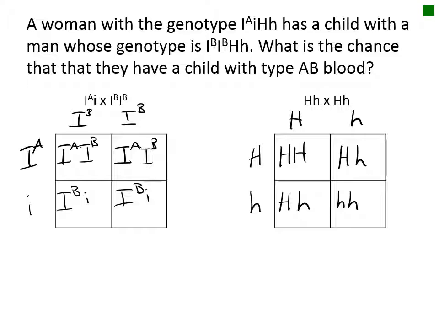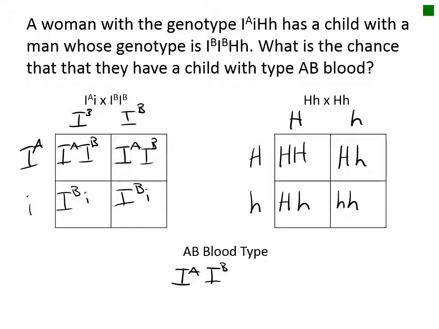After we have completed the Punnett squares, we need to go back to the problem to see what offspring phenotype we are calculating. The question asks for a child with AB blood type. To have an AB phenotype, the child will have to have an A allele and a B allele for the ABO gene because those alleles are codominant to each other.